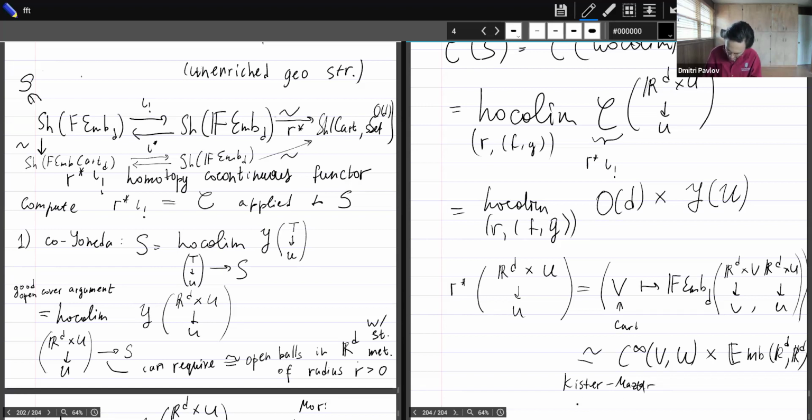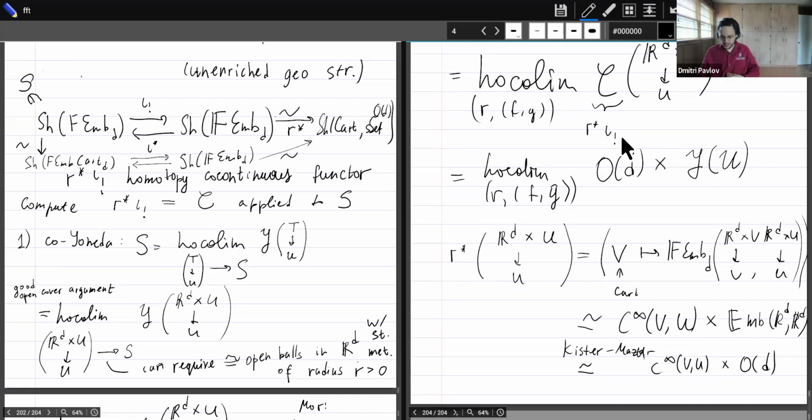And finally, Kister-Mazur tells you that this is the same as OD. And that's how OD showed up here. And this term is, of course, precisely the representable presheaf of U, right? So V is arbitrary. So maps from an arbitrary Cartesian space to U, well, that's the representable presheaf of U.